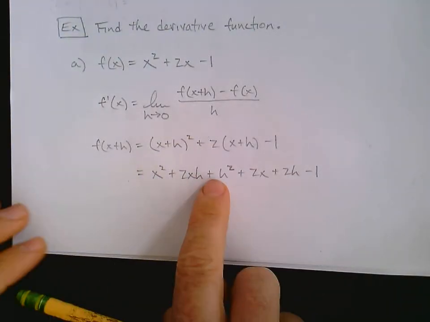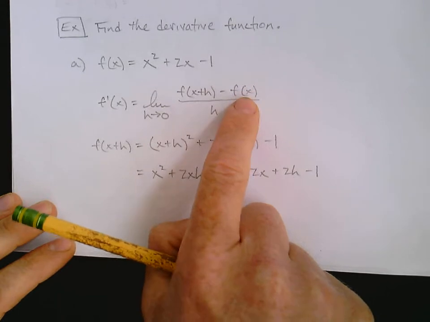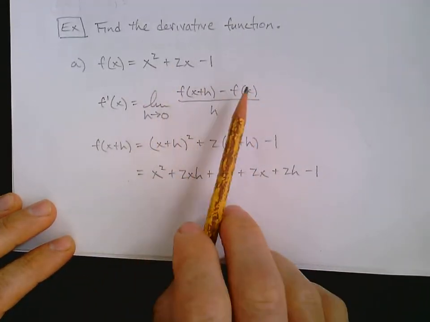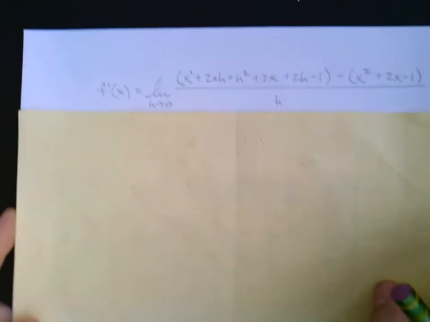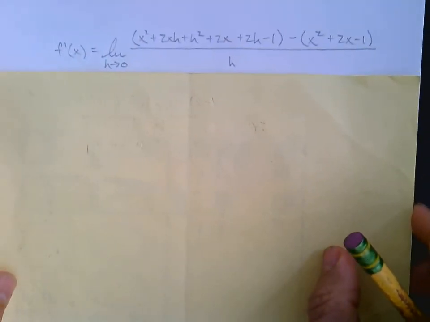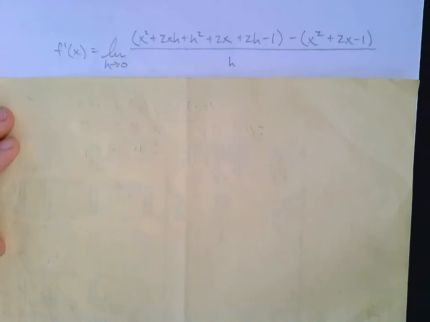All right, we're going to take that and plug it back in. We are also going to plug in the original function here. Be sure to use parentheses. Here it is. Take a moment to write that, maybe pause the video, whatever you need to do.